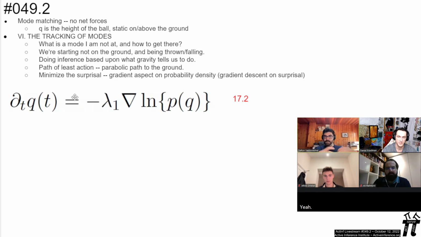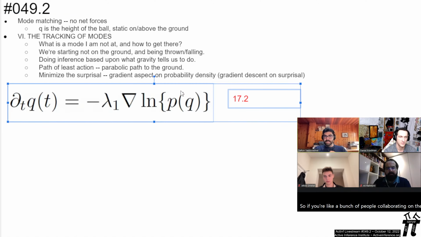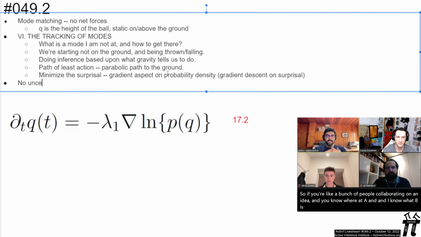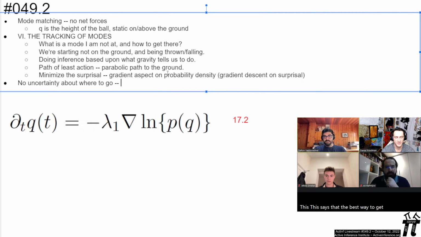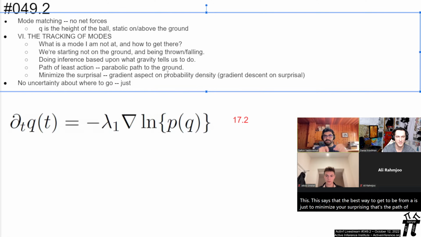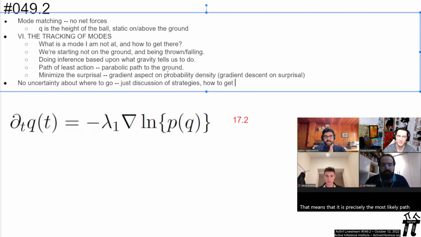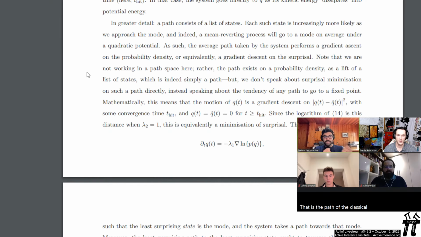So if you're a bunch of people collaborating on an idea and we're at A and I know what B is, then this says that the best way to get to B from A is just to minimize your surprisal. That's the path of least action from A to B. And in this case, that means that it is precisely the most likely path. That is the path of the classical object from A to B.